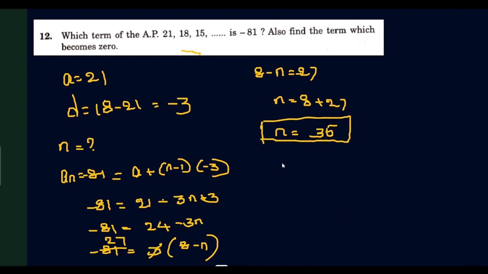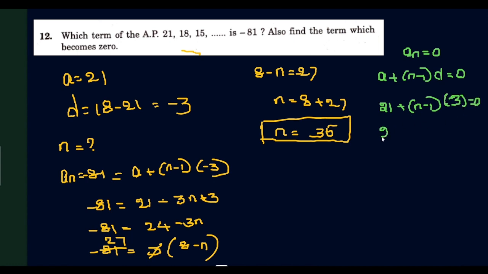They have asked one more question: find which term becomes 0. That means a n is equal to 0. So a n is nothing but a plus n minus 1 into d is equal to 0, right? Now what is a? 21 plus n minus 1 into d, what is d? It is minus 3, is equal to 0.